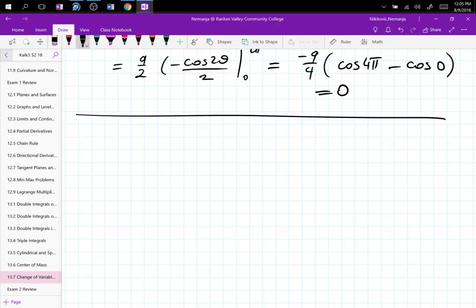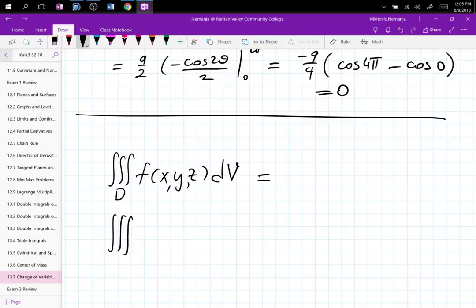I guess let's write this. So we have our triple integral over region D with a function f(x, y, z) dV that needs to be transformed into the triple integral. They are using s again. And now f. We need to transform this f using the 3 transformation functions, g, h, and p.